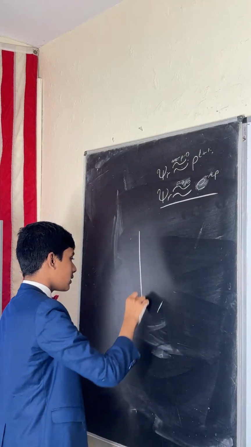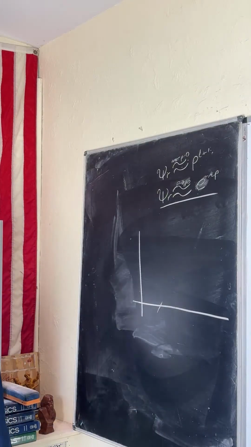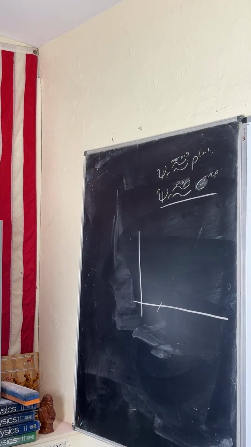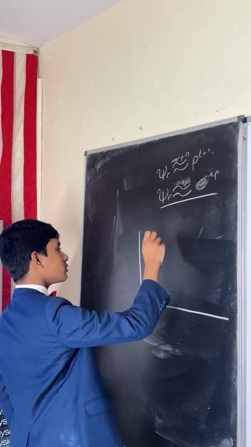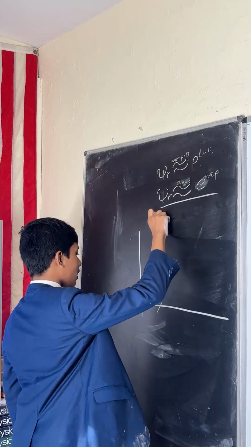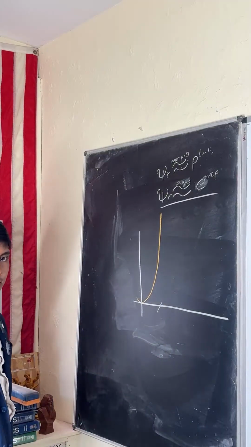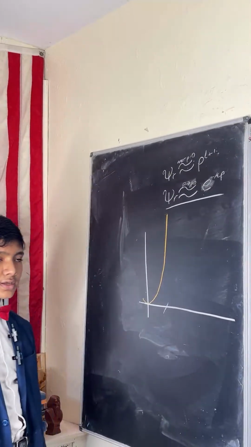And think of the function this way. A polynomial rho to the L plus 1 might look like this. So its integral as rho approaches infinity is going to diverge.